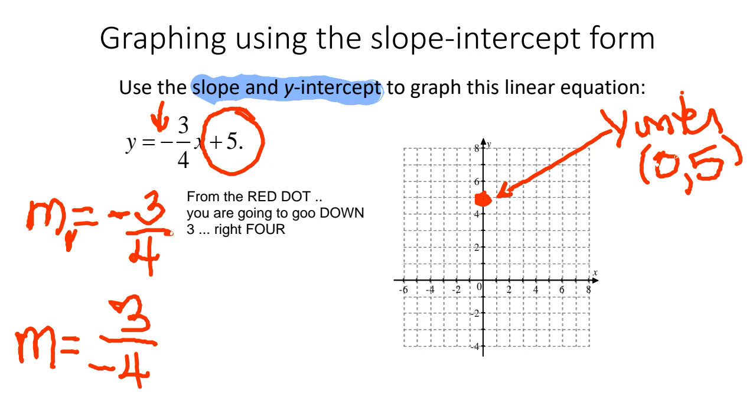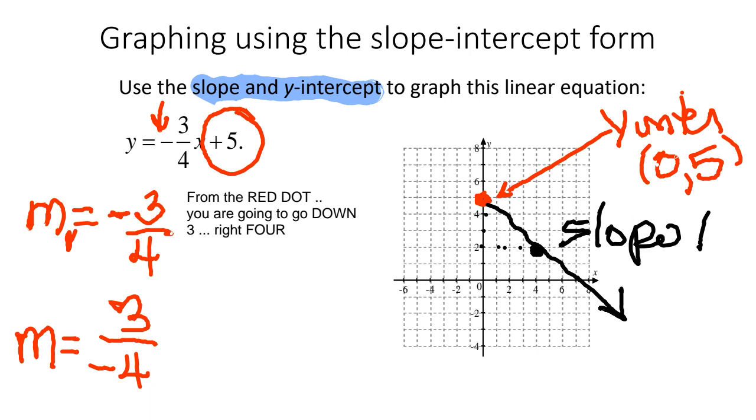And this is from the red dot. Well, notice down 3 is 1, 2, 3, but I'm going right 4. 1, 2, 3, 4. That means this is the direction slope 1 took me.